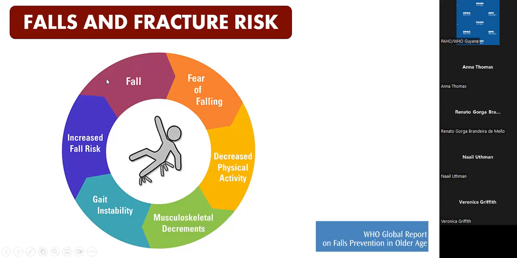As I was saying, falls are considered a major geriatric harm, and it is a vicious circle. A fall may cause fear of falling. A fall may cause decreased physical activity because of fear of falling. Decreased physical activity is associated with musculoskeletal decrements, meaning sarcopenia, muscle mass loss.